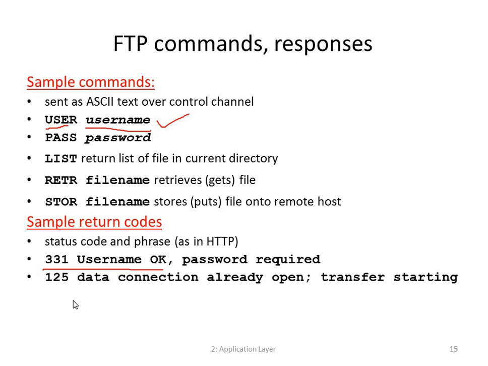Now 125 is a response code meaning data connection already open, transfer starting. That means you have already established the connection and now you need to transfer the file. 425 means can't open the data connection. Error 404 is the kind of error you will get most of the time on the internet when you are not able to find a particular file on the server.